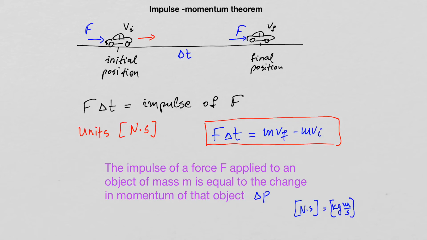And so for safety in cars, for example, that is exactly what is done. By adding airbags, crumple zones in the cars, and other features, the interaction time, the time that is required for the car to come to a complete stop, is increased.